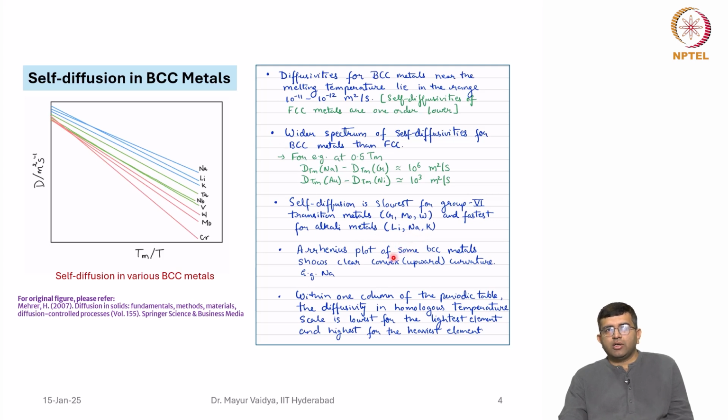And here the Arrhenius plot of some BCC metals shows convex curvature, which is a slight deviation at higher temperatures. And again within one column of the periodic table, here also like FCC, the diffusivity at homologous temperature scale is lowest for the lightest element and highest for the heaviest element.